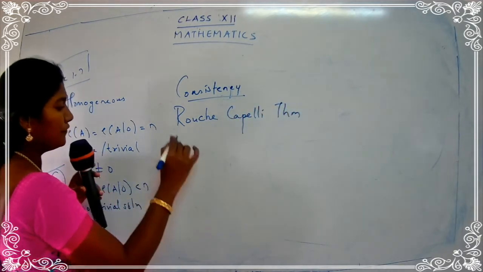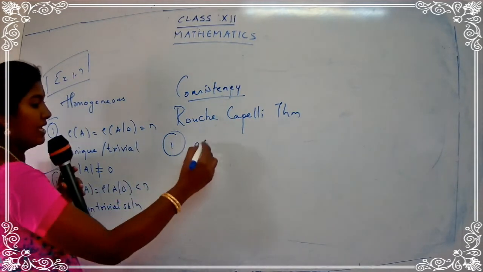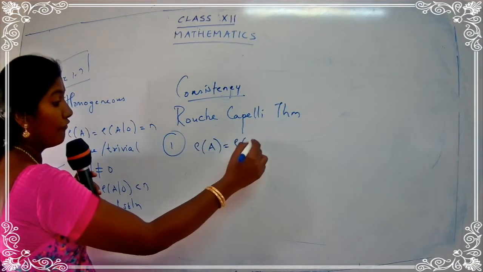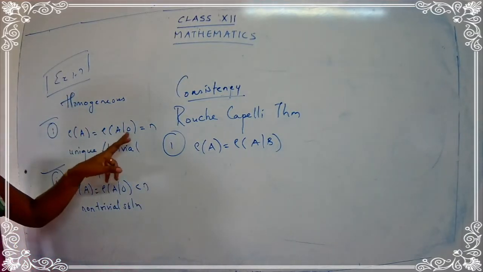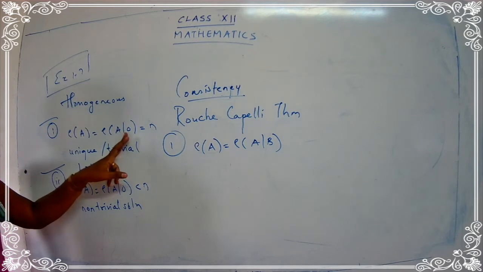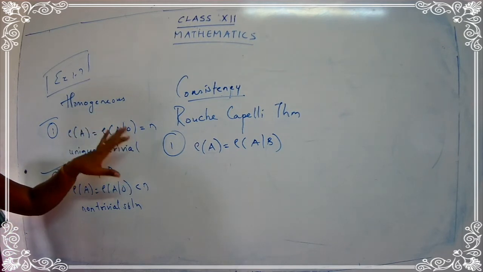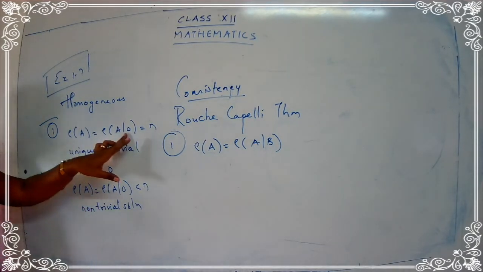What was the first rule, children? Tell me the first rule that we used under consistency. If rank of A is equal to rank of AB, I have told you for homogeneous we use O instead of B. If you use B here, it's not wrong, we can use B here. But since B is a zero matrix, we put 0.